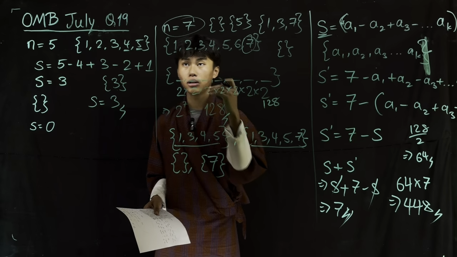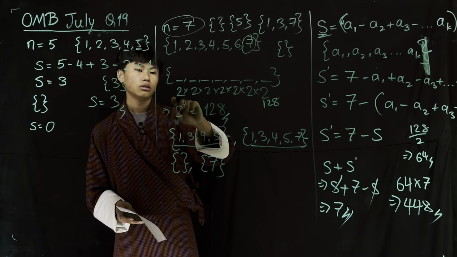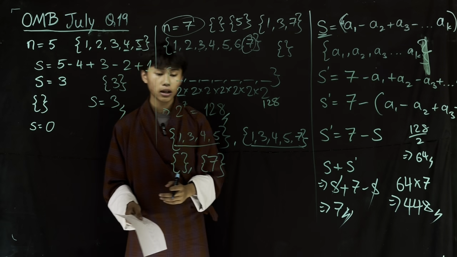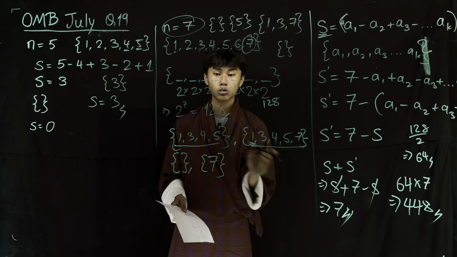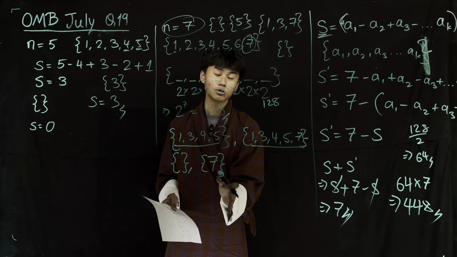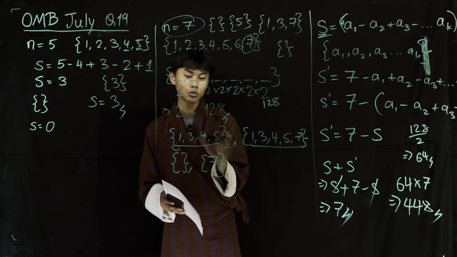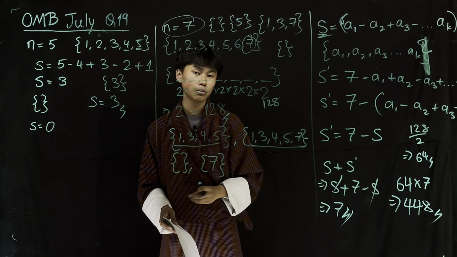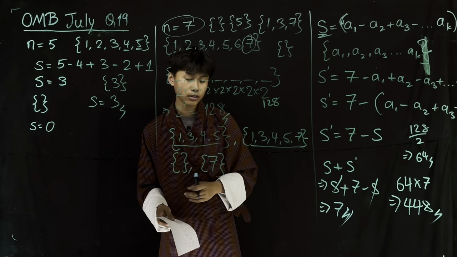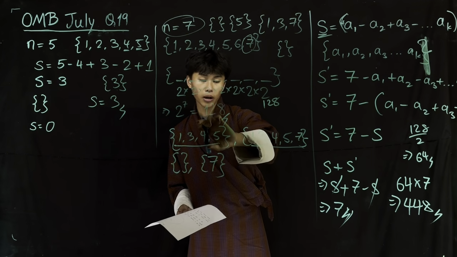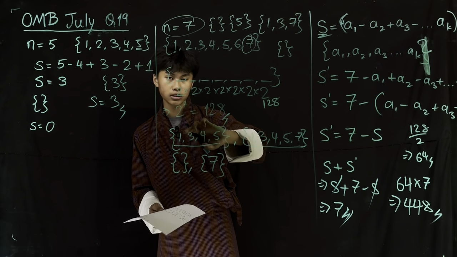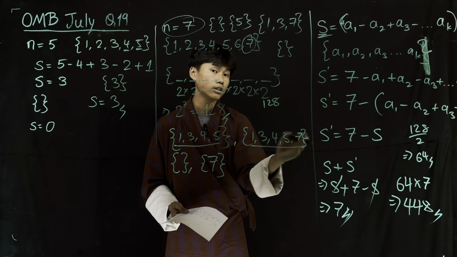What we did was, we first looked at the total number of subsets that can be made from this set, and then we divided all of the subsets into two groups. A group of subsets which do not contain the number 7, the largest element, and we also create a partner for them, a partner which looks exactly like the first subset, but the difference is it has 7 in it.